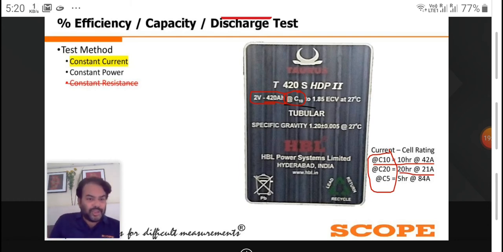One more interesting question: is an electronic battery discharge unit suitable for different voltage levels of battery? Yes, sir, a good and very basic question.